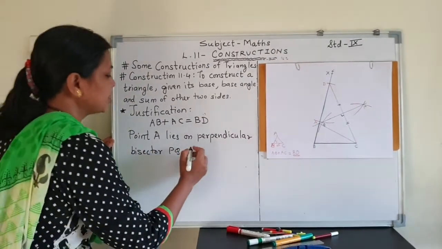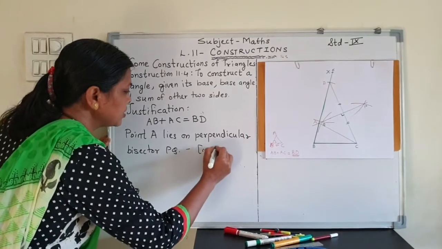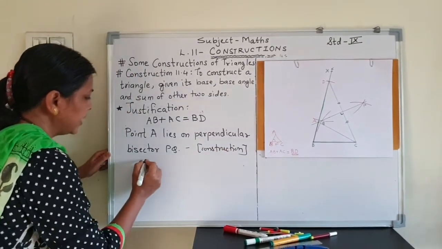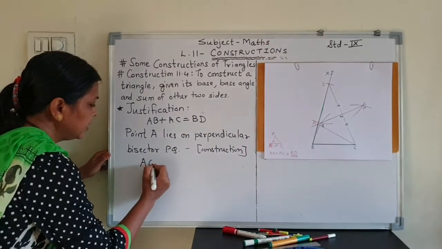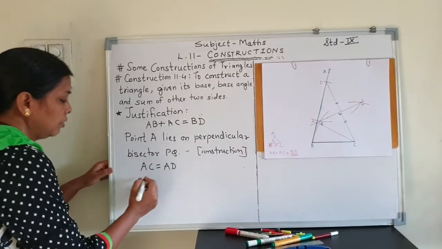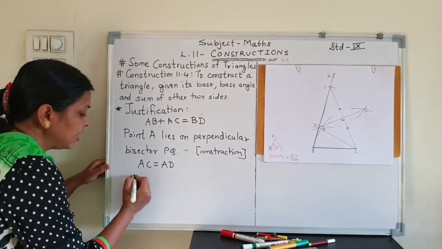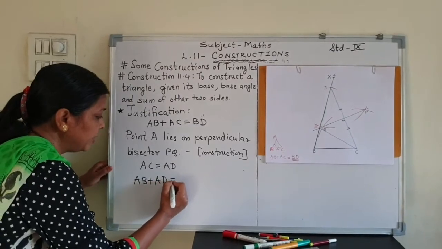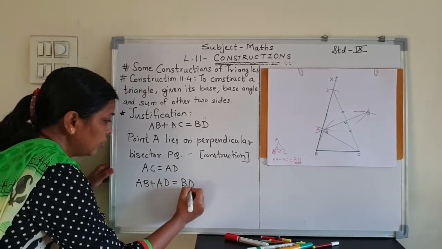By this construction, AC is equal to AD. Now in the construction we have constructed that AB plus AD is equal to BD, the whole segment.